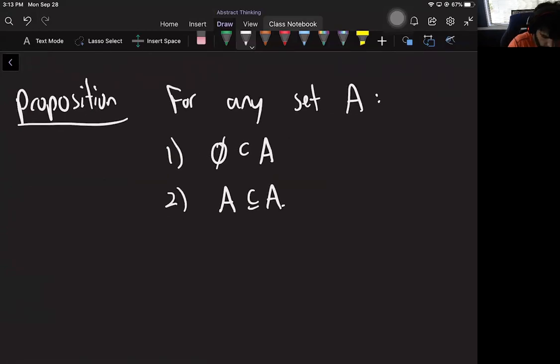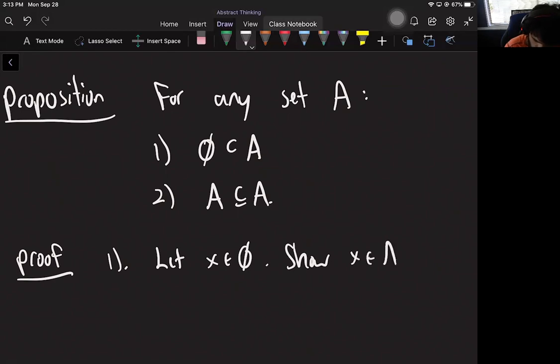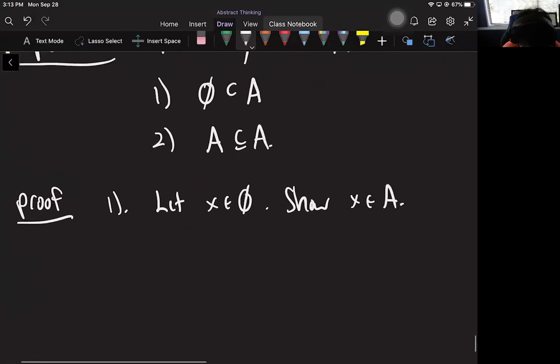So the first one is not at all obvious. It's hard for people to get that the empty set is a subset of every set, but it's really a vacuous truth, which means that it's true because the hypothesis doesn't happen. So what I mean is, let something be in the empty set, show it's in A as a result. Okay, well, let something be in the empty set. Well, there's nothing there.